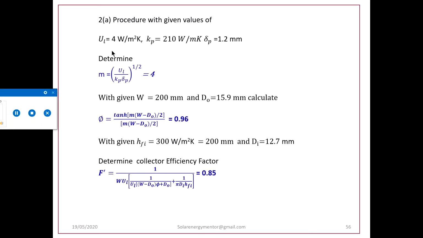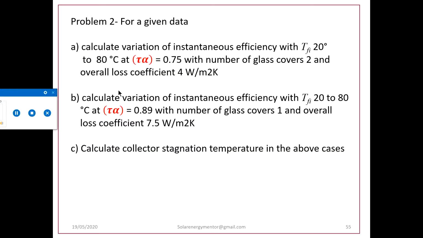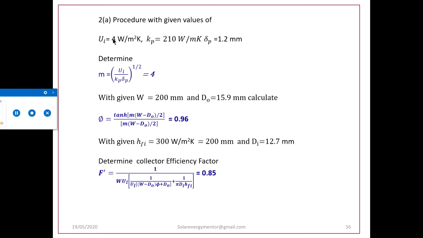Now the procedure with UL is given in the first case. So this is 2A. We will solve this first. With all this, UL, KP, M, we can evaluate M as 4. Then phi, the fin effectiveness, using this expression comes out to be 0.96.